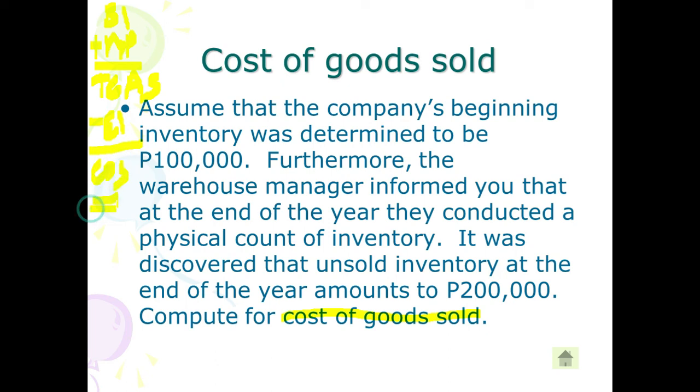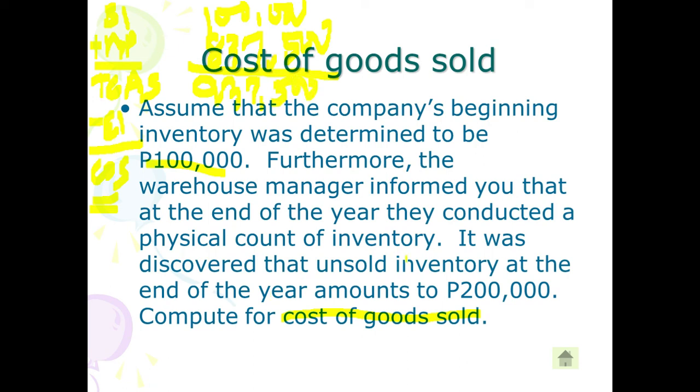This will give you cost of sales, which is what we are asked to compute now. Beginning inventory is 100,000, and we computed the net purchases earlier, 837,500. So total goods available for sale, adding beginning inventory to net purchases, is 937,500.